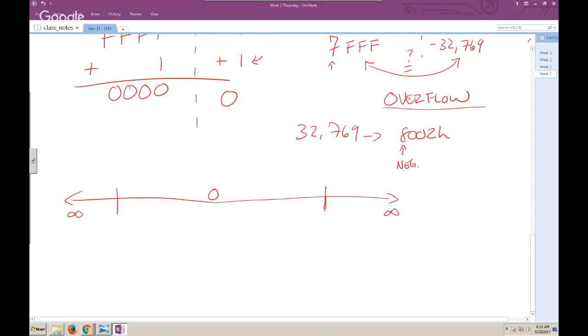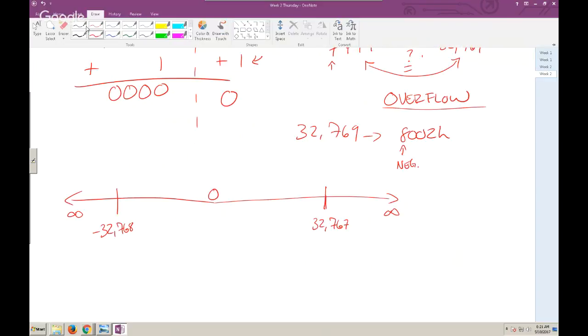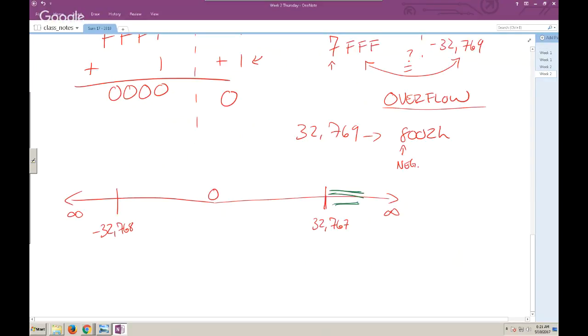What are they? Yep. And a positive 32,767. What happens, in fact, let's change colors so you can see it. What happens anytime I step on this side or this side of my number line now?